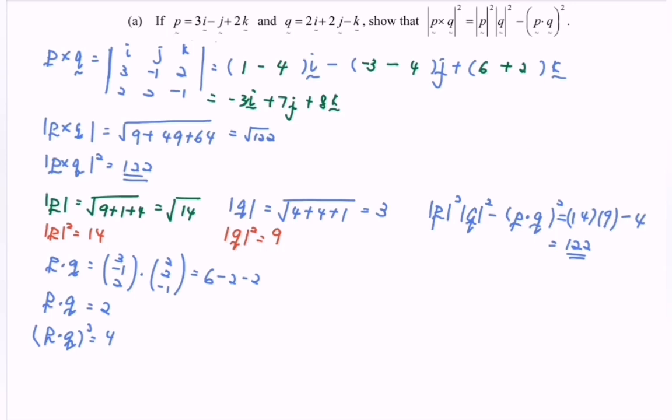So meaning that the magnitude of vector P cross vector Q squared equals the magnitude of vector P squared multiplied by the magnitude of vector Q squared minus P dot Q in brackets squared, is the same. So we have already shown the given situation.